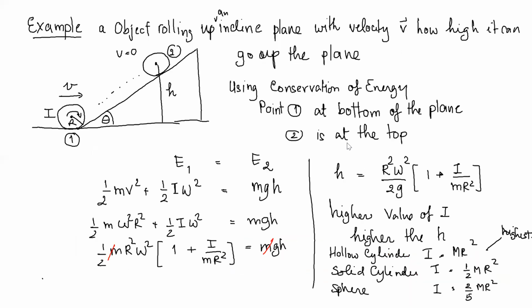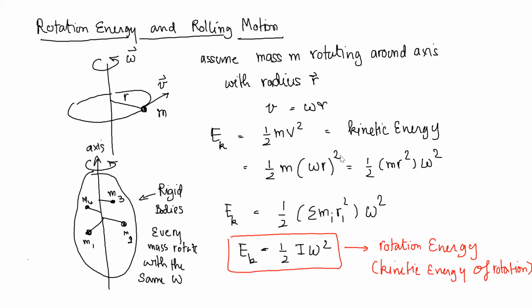So let's check. We have only a few pages left. The next topic is rotation energy and rolling motion. When we're talking about rotation, we usually mean a fixed axis, so the axis is fixed, it's not moving.